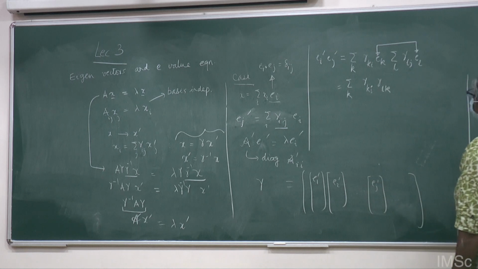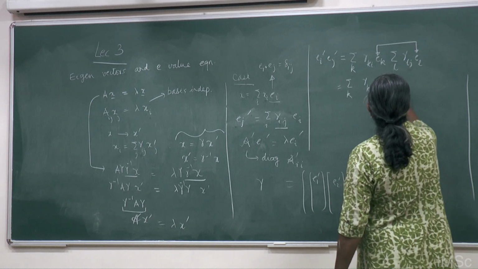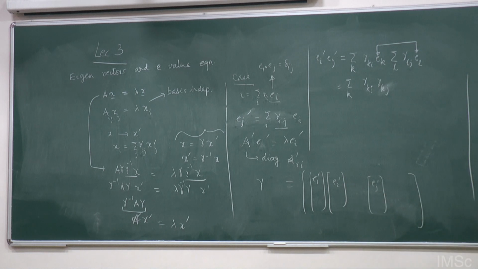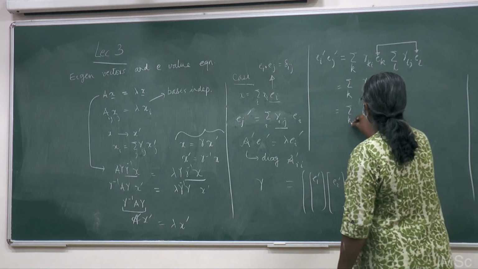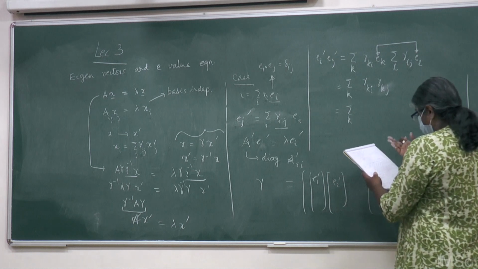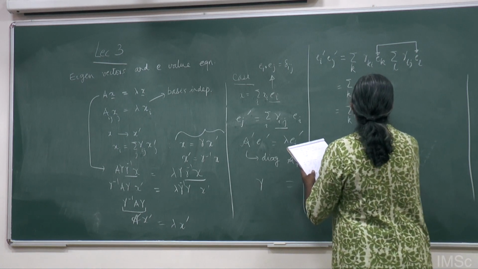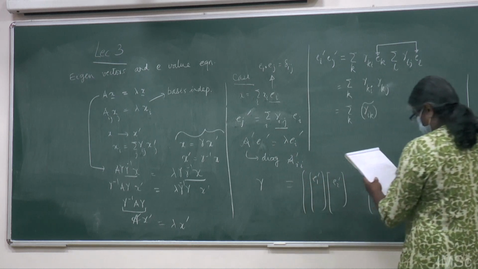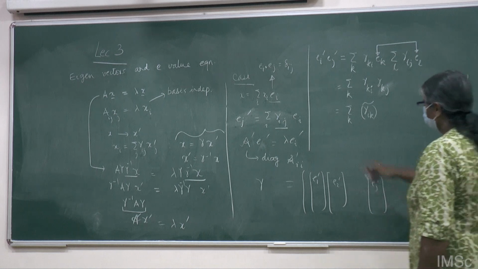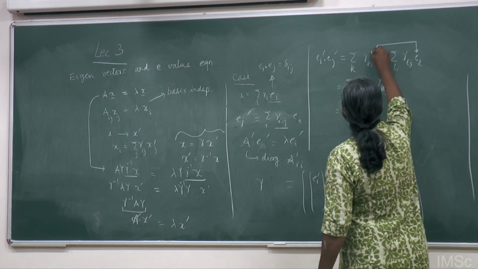Sorry, l is k. That I can write as gamma ki equal to gamma ik transpose, and if it is a complex vector space, then this would have actually been a star.